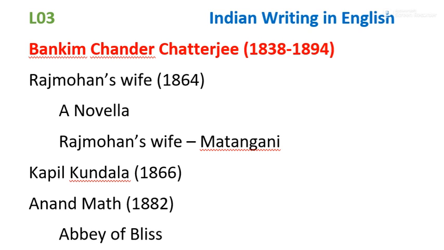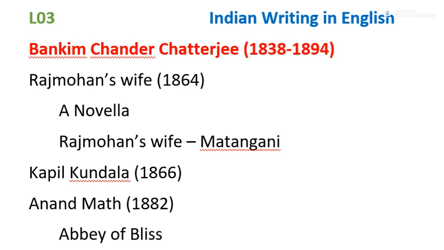So their war, the sannyasis' war against the Britisher is futile. Then they turn towards the Muslims and they believe that the Britishers are their friends and the Muslims are their enemy.